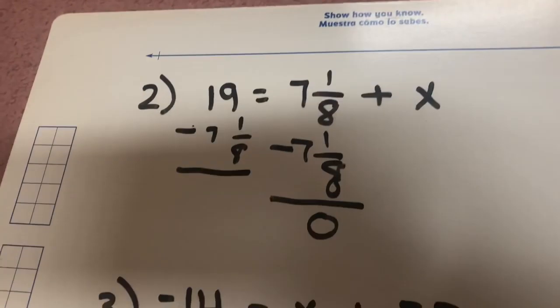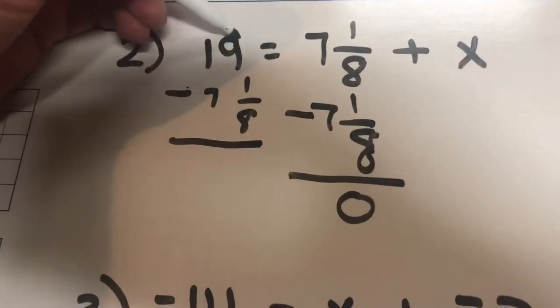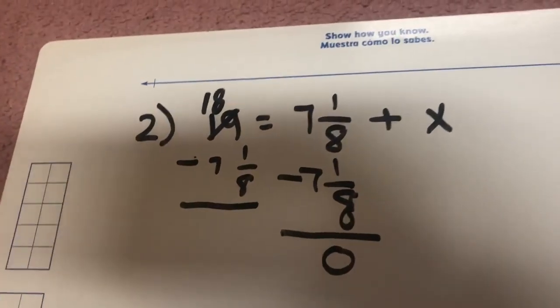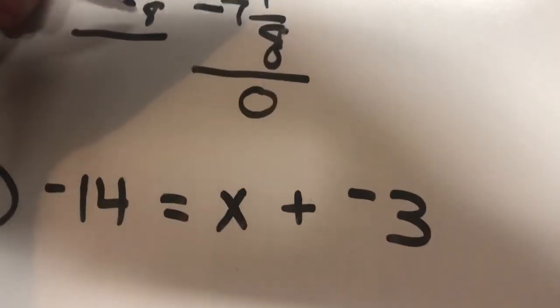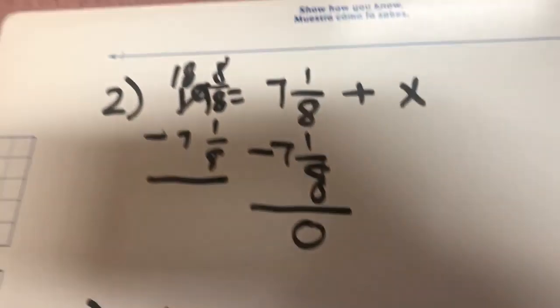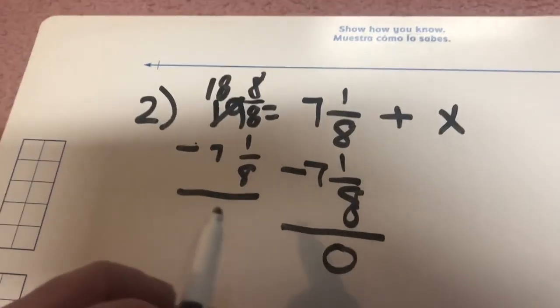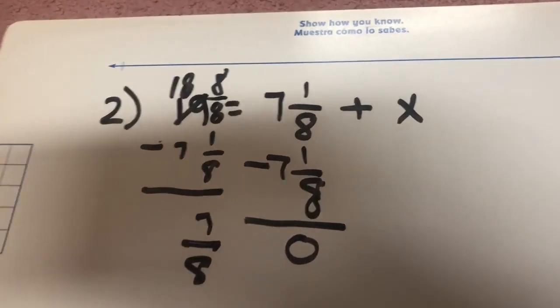Now I need to remember about borrowing with fractions. There's no fraction with the 19, so I'm going to borrow from the 19. It's going to become an 18. Now I borrowed one whole part. So since my denominator is 8, I'm going to think of that as 8 over 8. And I'm going to have 8 over 8 minus 1 over 8, and that's going to equal 7 over 8.